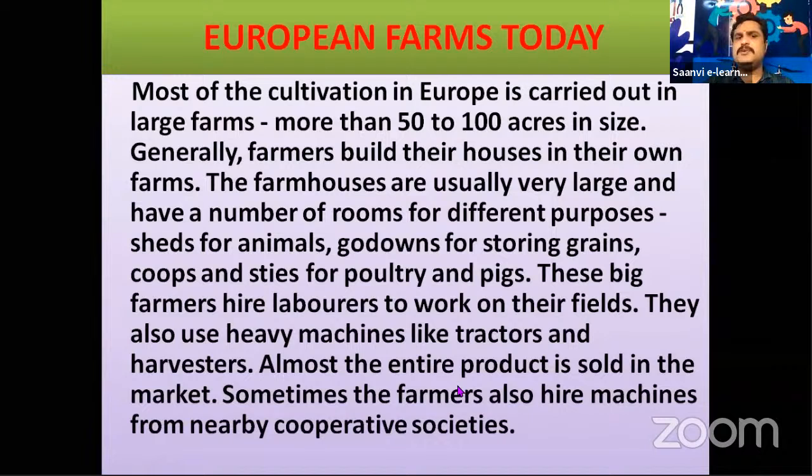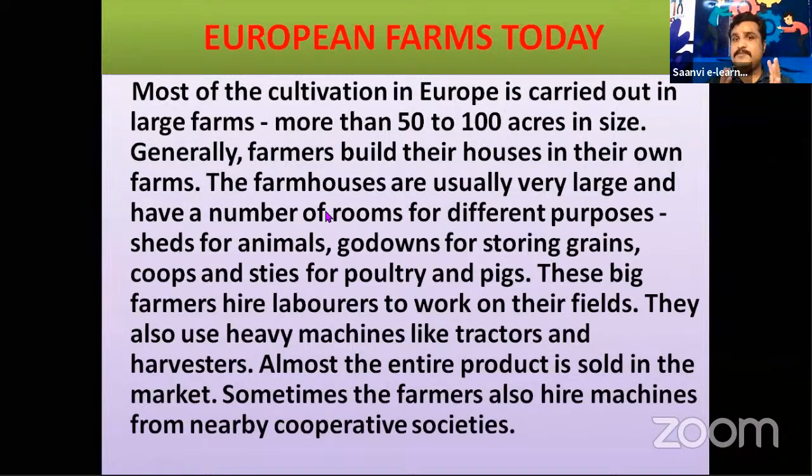The same technology is used here also. Almost the entire product is sold in the market. Sometimes the farmers also hire machines from nearby cooperative societies run by the government. So cooperative societies or other societies help the farmers by providing the latest machines, which are useful for agricultural activities. So this is the present situation in Europe.